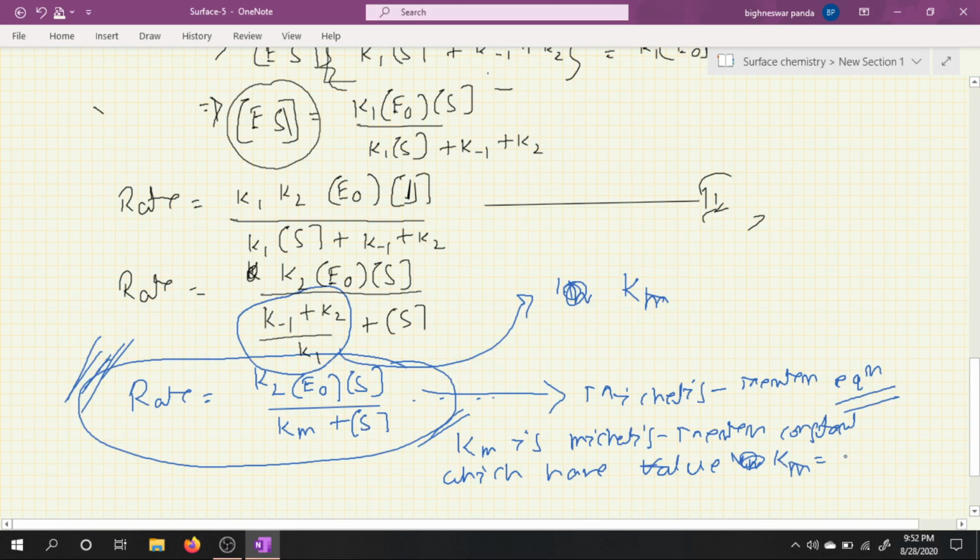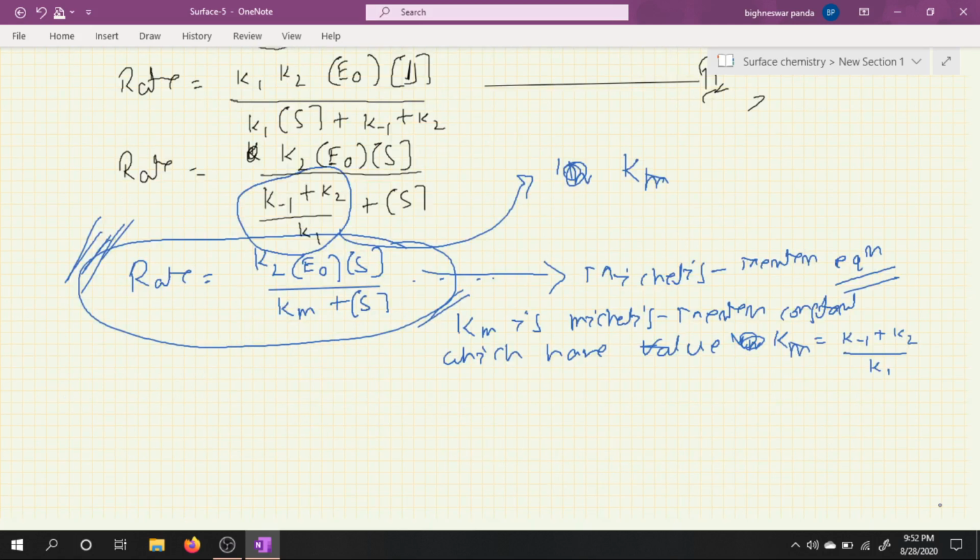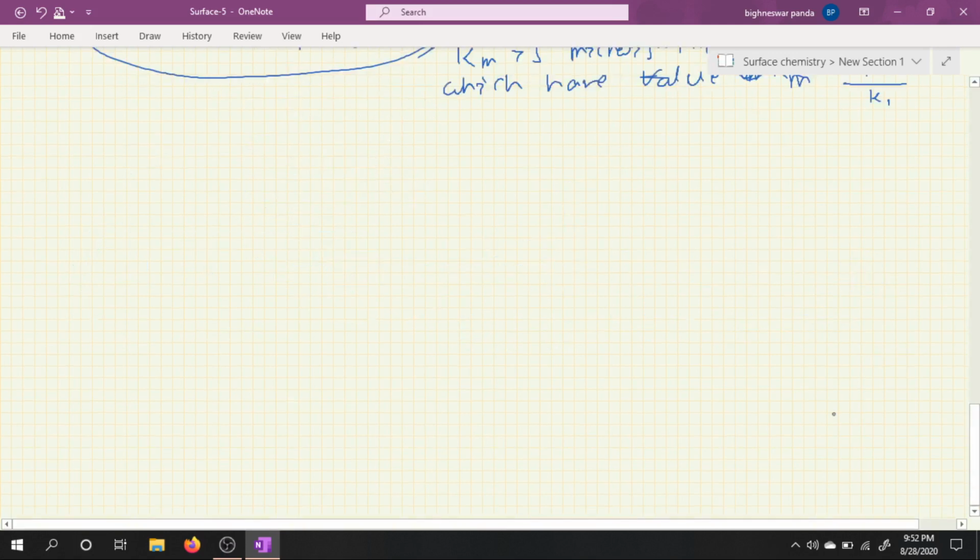Further, the Michaelis Menten equation can be simplified as follows. Let us consider when all the enzyme gets reacted with the substrate.